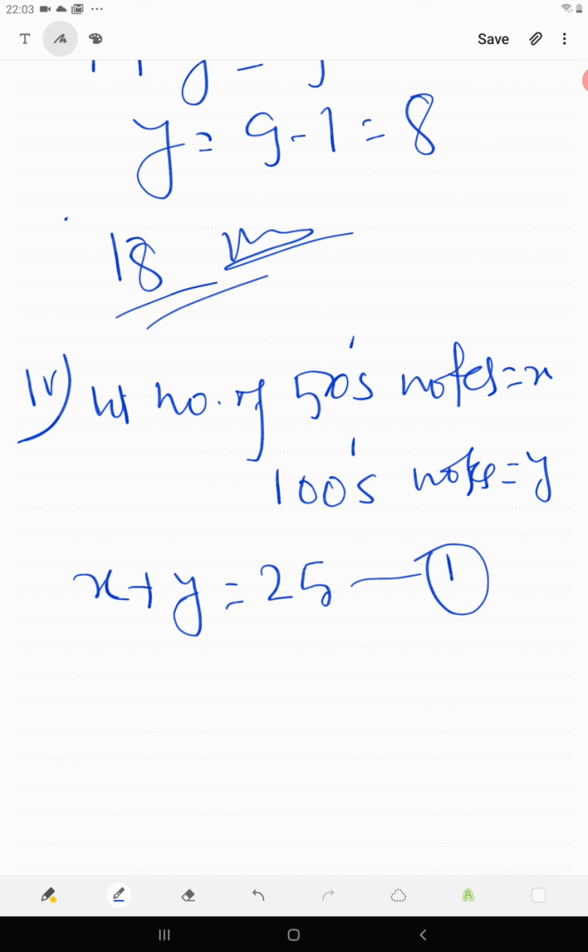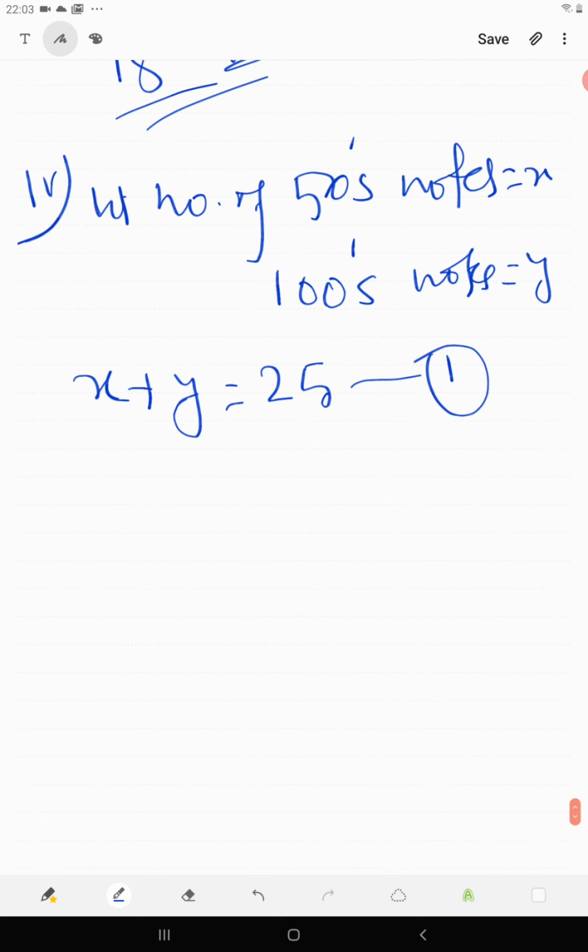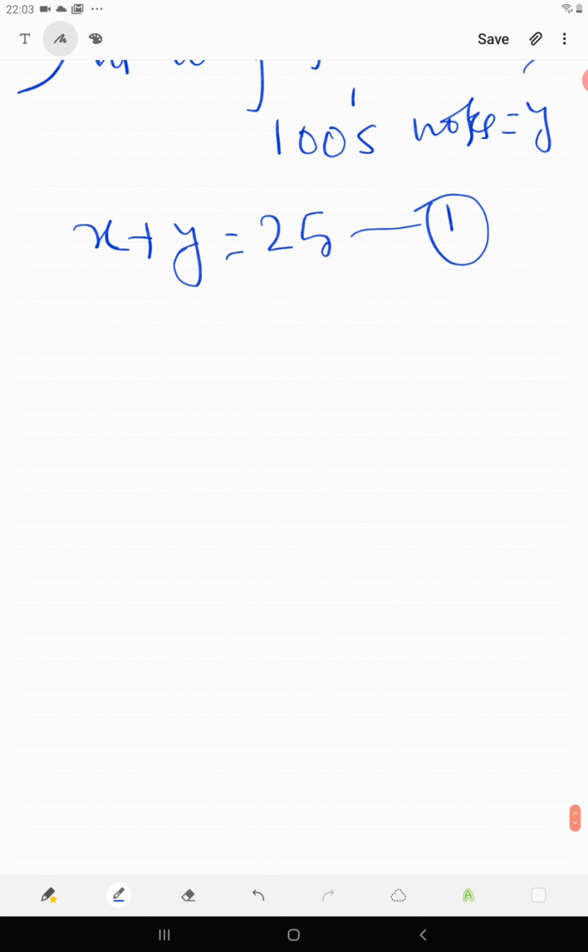That means if you divide the number of notes by 2, that many hundreds will be there. If you have 10 50 notes, the value will be 10 by 2 into 100, that is 500. Similarly for x, if you divide it by 2, that many hundreds will be there. I hope you understood what I want to say.